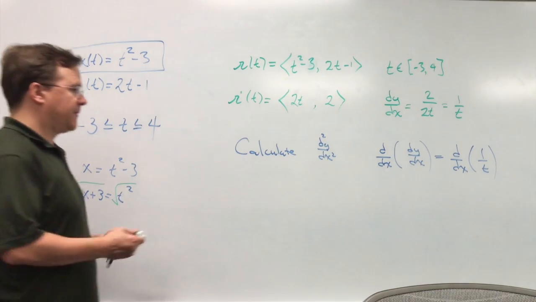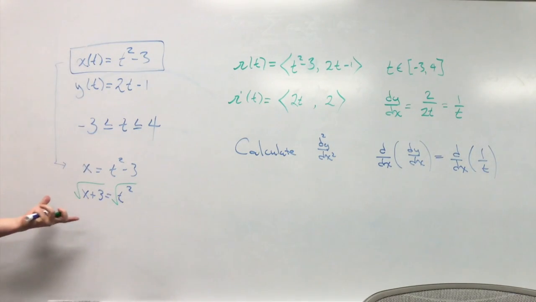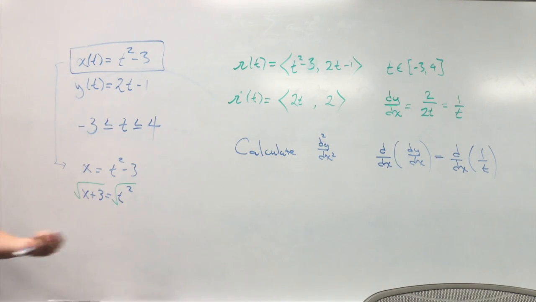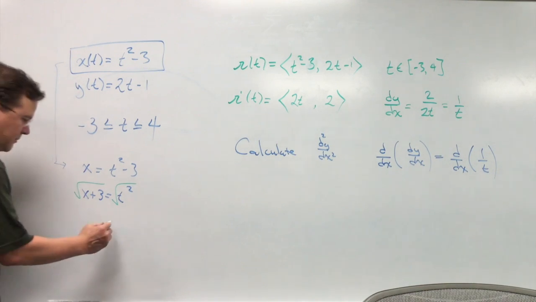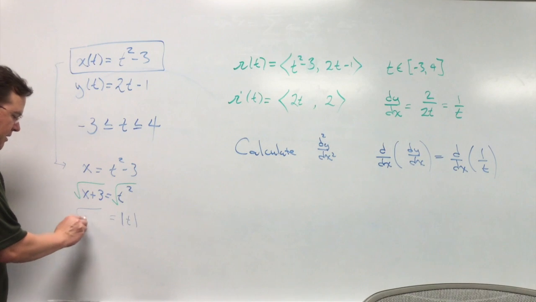So let's just say, and again, that's doing it the boneheaded way, simple, straightforward. But if I follow this path, I get stuck right here. The absolute value of t is the square root of x plus 3.